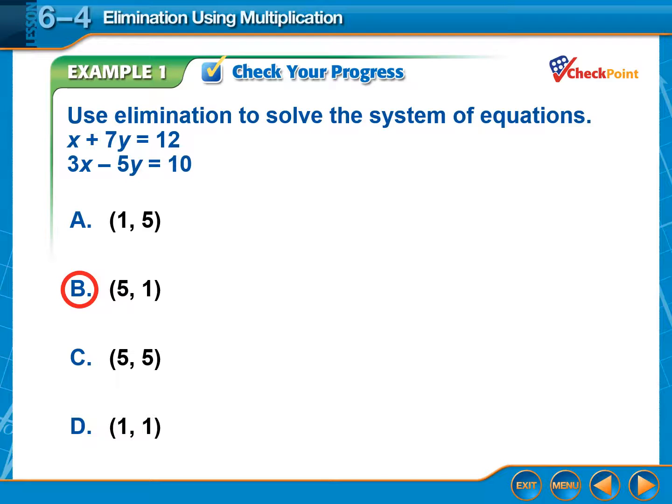Well, looking at this system, x plus 7y equals 12 and 3x minus 5y equals 10, I see that if I want to eliminate one of the variables, I need to change one equation so that the coefficients are going to be the same. And the easiest way to do that is to take this first equation, x plus 7y equals 12, and multiply it by 3.